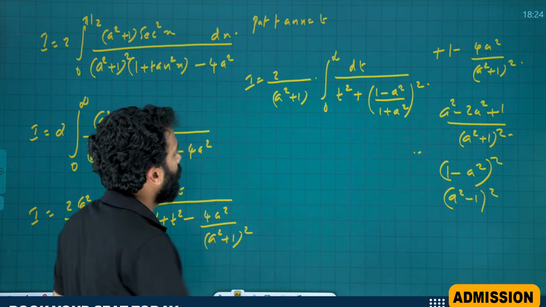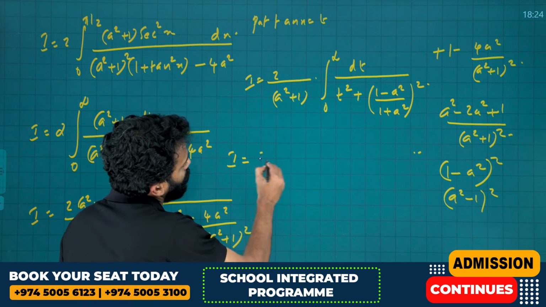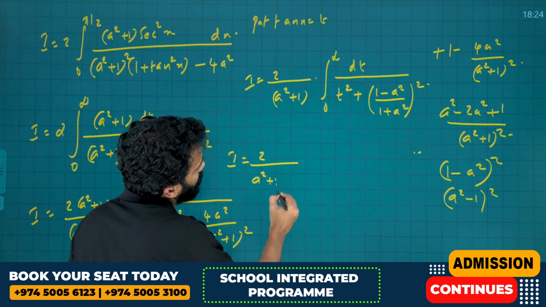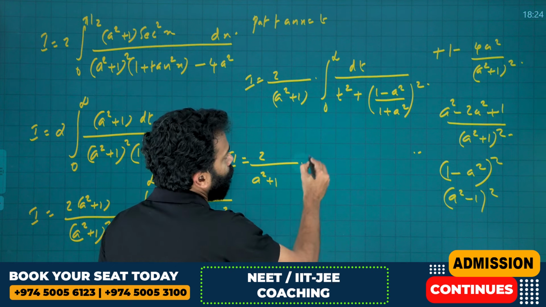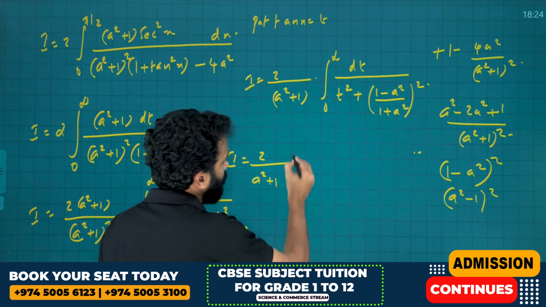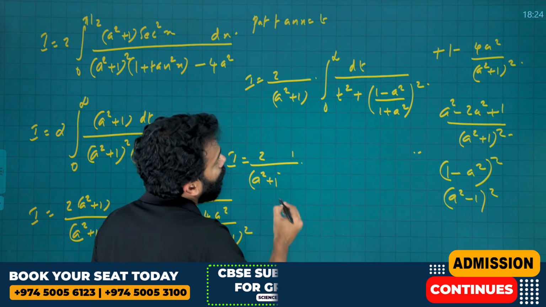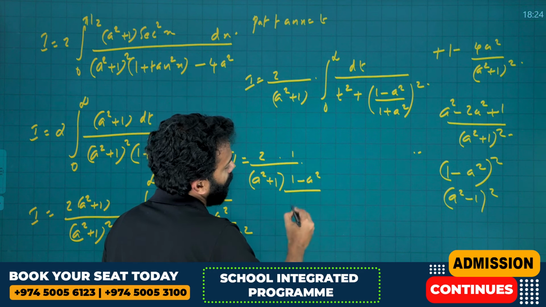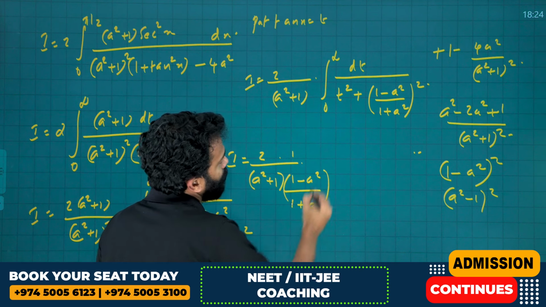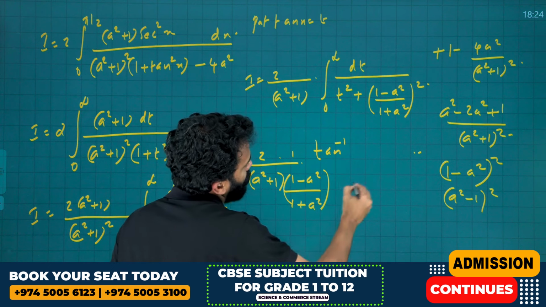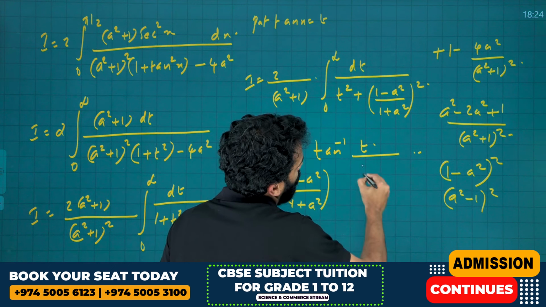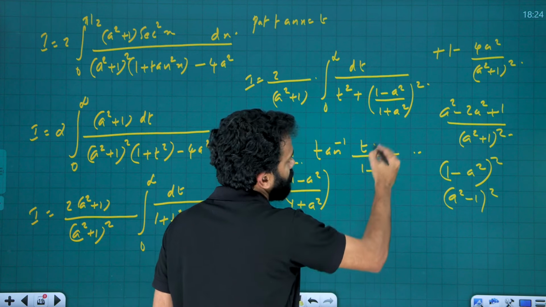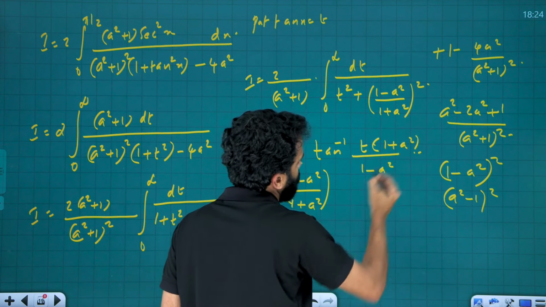Okay, and so it will be I is equal to 2 by a square plus 1 into 1 by a, that is 1 by, that we can write over here, that is 1 by 2 into 1 into 1 minus a square divided by 1 plus a square into tan inverse of t by 1 minus a square by 1 plus a square, that can be written here, 1 plus a square.